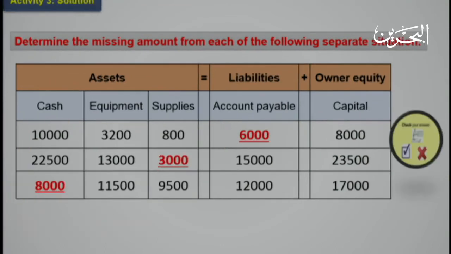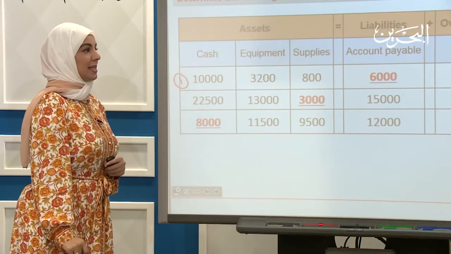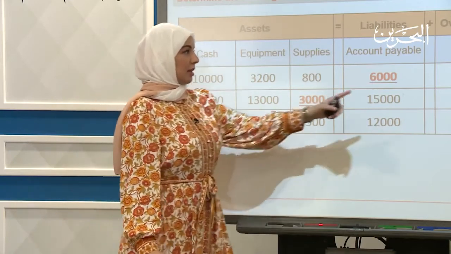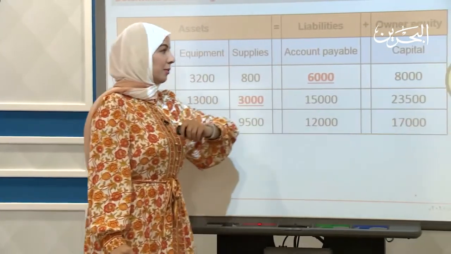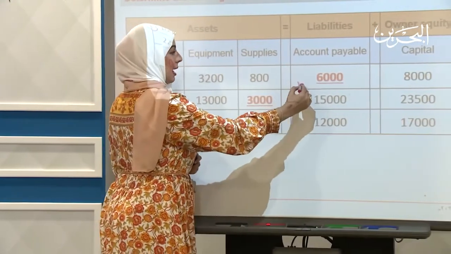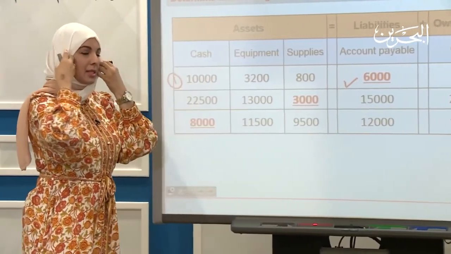After you think, my dear student, about the missing figure, let us see how we can find it. As we said, for the first one, I take the total assets and subtract the owner equity 8,000 from it, and I get the liability of 6,000.